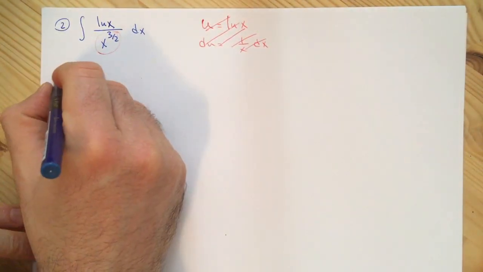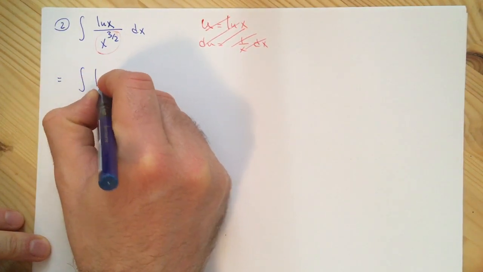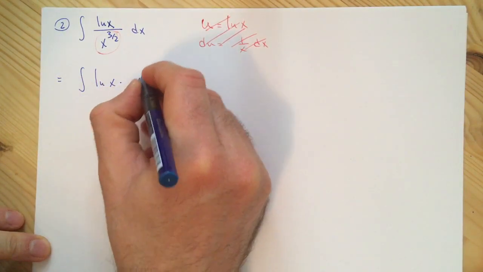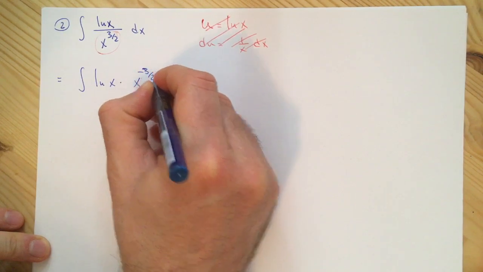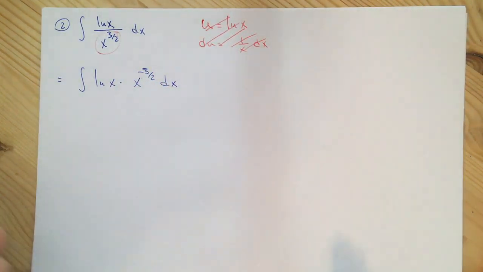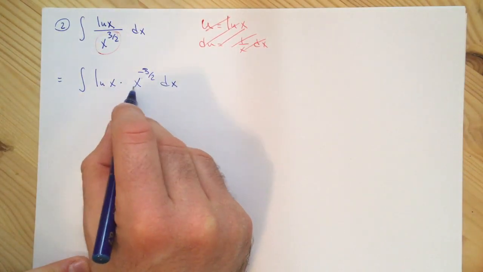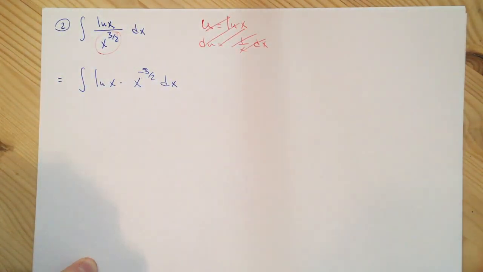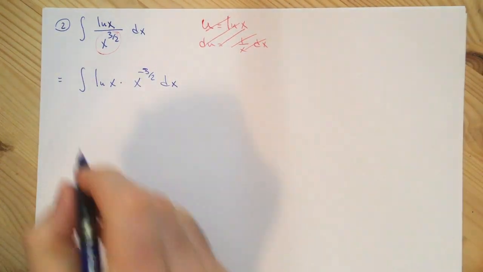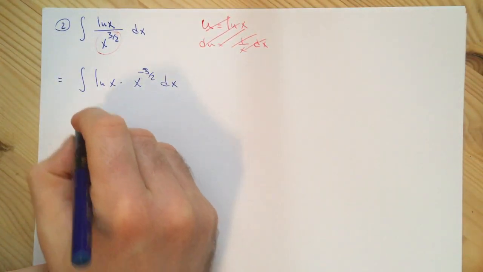So let us rewrite this in a slightly more convenient form, and you have to identify what is going to be your f and what is going to be your g prime, okay?